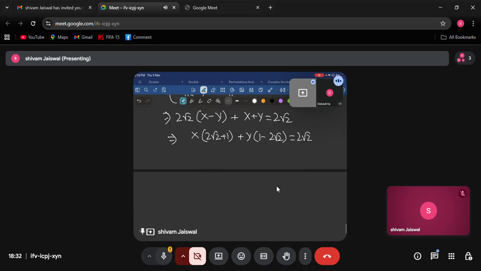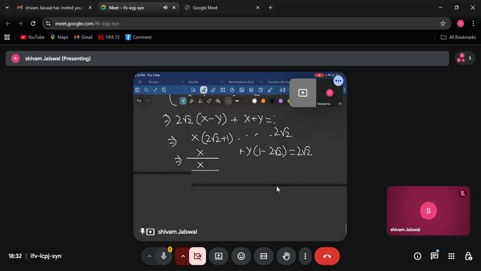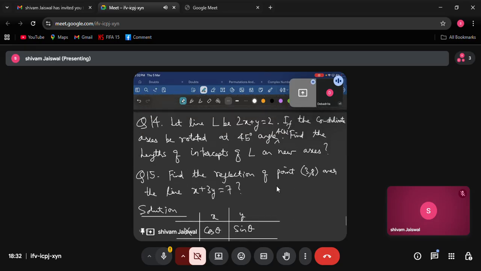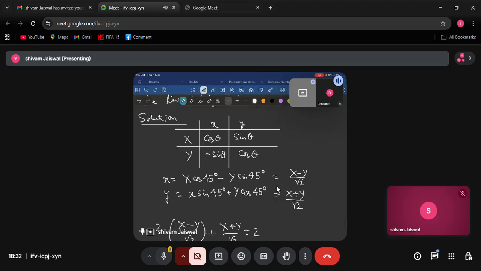Yeah, wait, let me calculate. So why am I getting a different value? The right hand side was what? 2x plus y equal to 2 only.